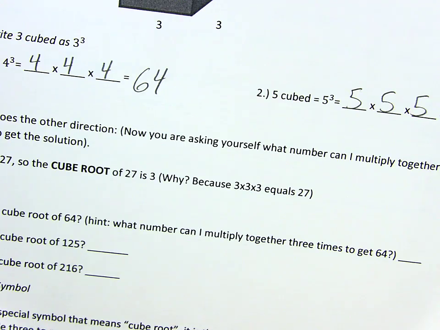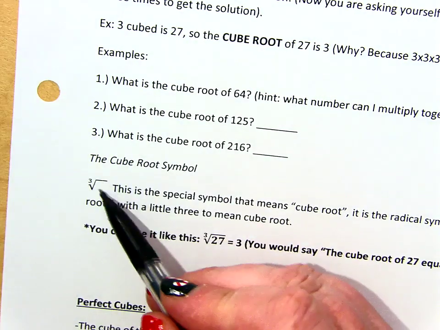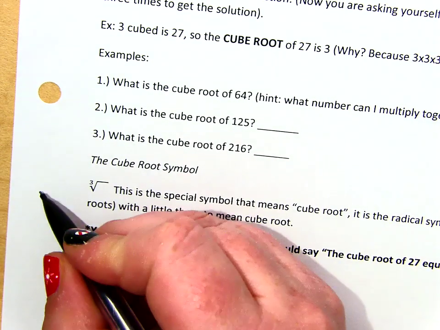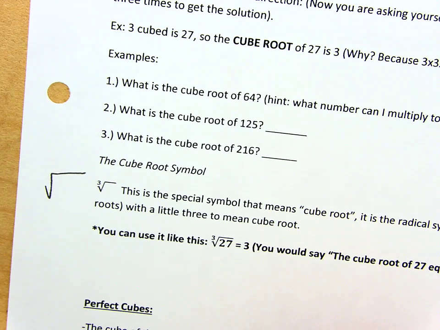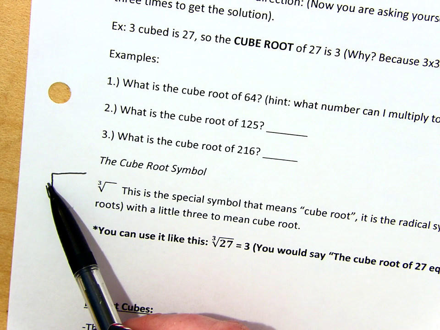Okay, so let's rewind a little bit back up here. The cube root symbol. I mentioned a little bit to you about this yesterday. So we're used to the square root symbol that just looks like that. And then I told you that there really is a teeny tiny little number here that we don't usually write if it's a square root. But if it's a different kind of root, a cube root or a fourth root or a fifth root, we need some way to designate that that's what I'm doing instead of a square root.